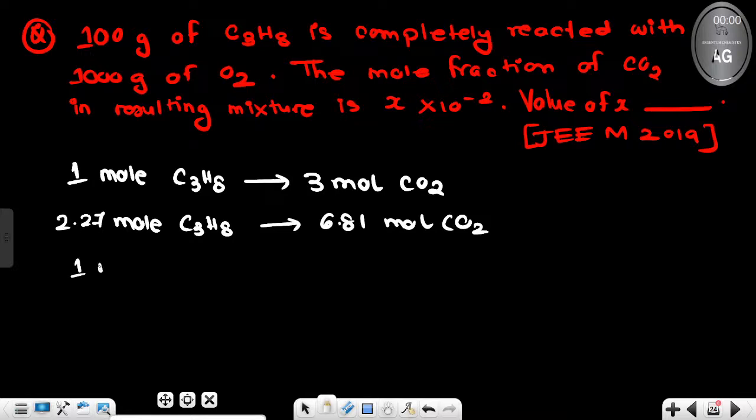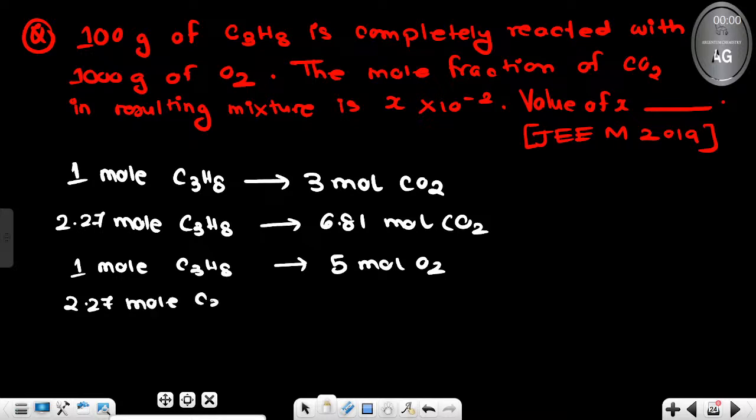Next, 1 mole C3H8 reacts with 5 mole O2. So if I have to consider 2.27 mole C3H8, then that will react with how much? That will react with 11.35 mole of O2 only, right? So how much number of moles remain unused?